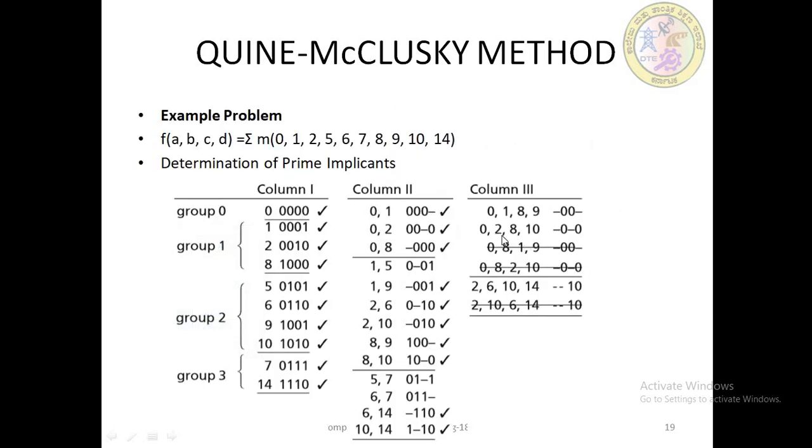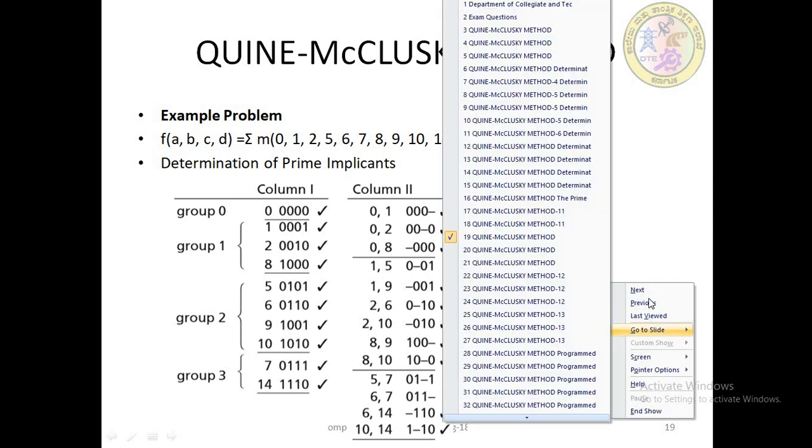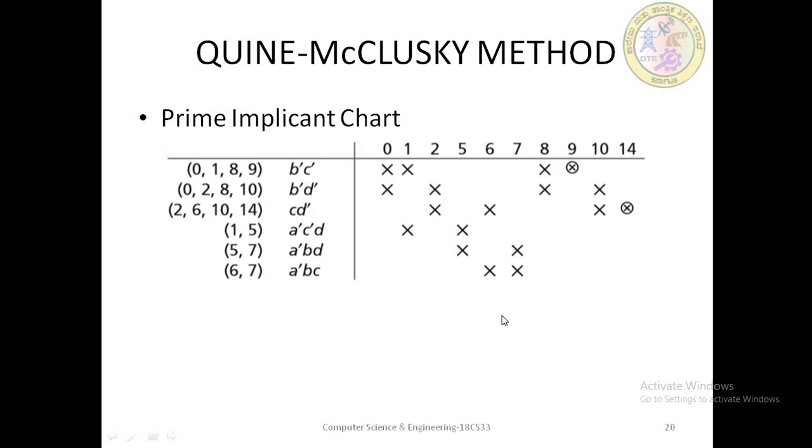Here you can see 0 1 8 9 and 0 2 8 10, and we have so many possible combinations here. We have only 3 combinations here.